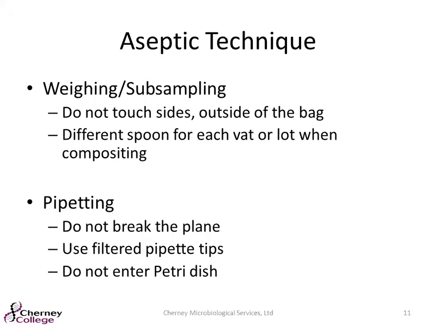And if you are taking a portion from multiple vats to do a composite, so for some customers, they will send us the composite, make sure that you have a new spoon or a cleaned trier for each vat so that you don't transfer any bacteria from vat to vat.